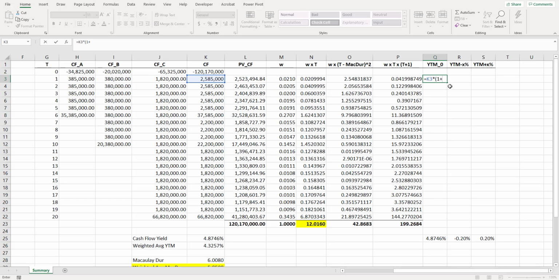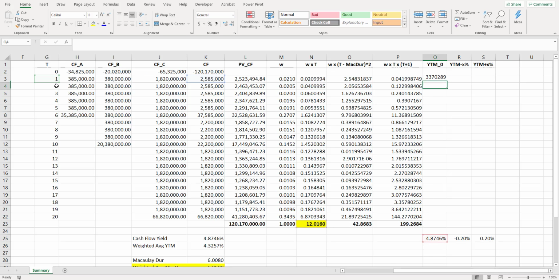I'll multiply by 1 plus the cash flow yield, lock that in, divided by 2 for the semi-annual period, and then raise the power to the period I need to invest it up to, 12.016, lock it in, minus your current period, which is 1. That shows how long we are going to reinvest it for.